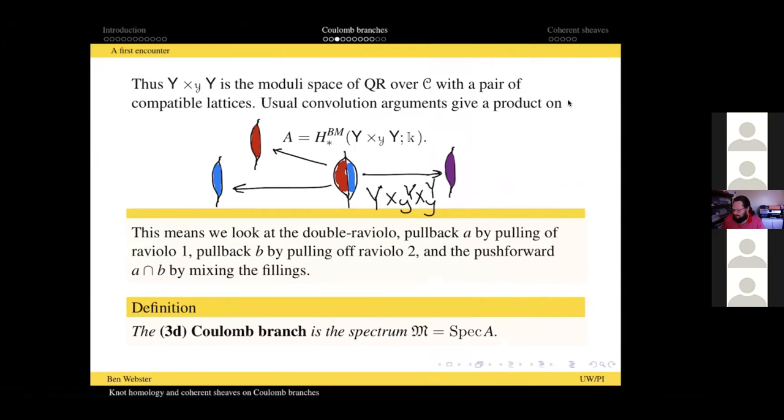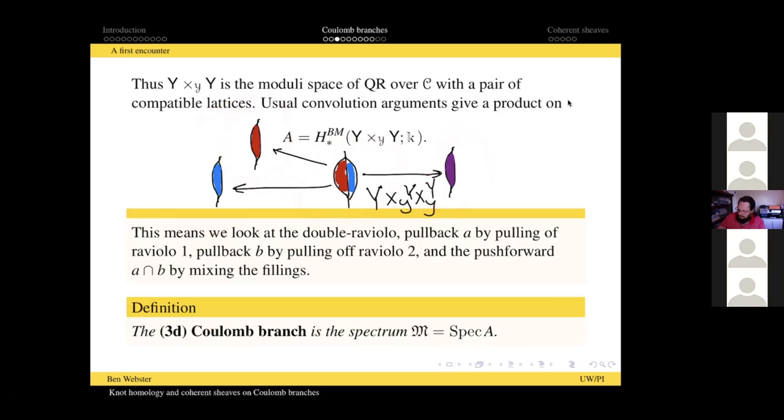So for this product, up above we have the double raviolo, and we have the maps. This is like when you're cooking ravioli and two of them get stuck together. So you have a map that's pull off the blue one, you have a map that's pull off the red one, and you have a map that's take the guy in the middle and mix up the fillings.